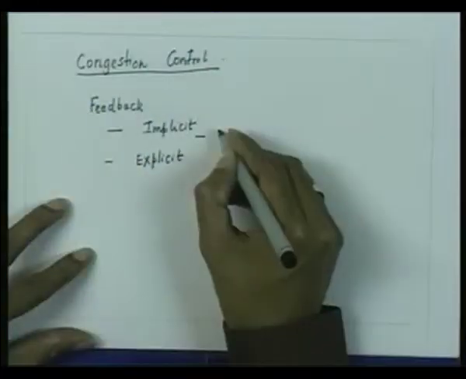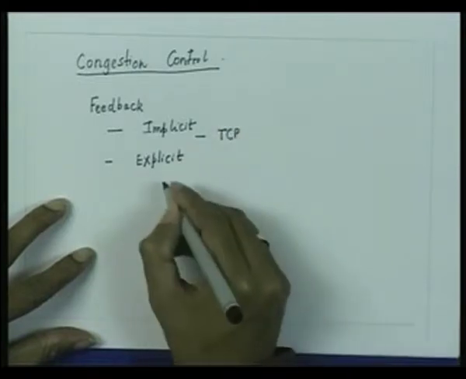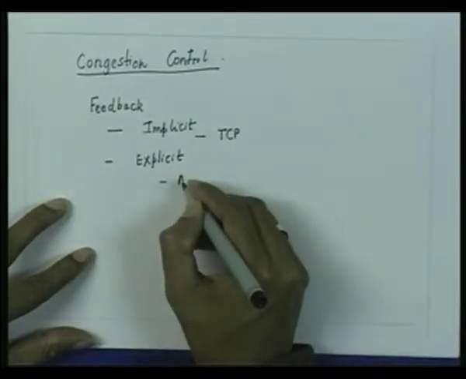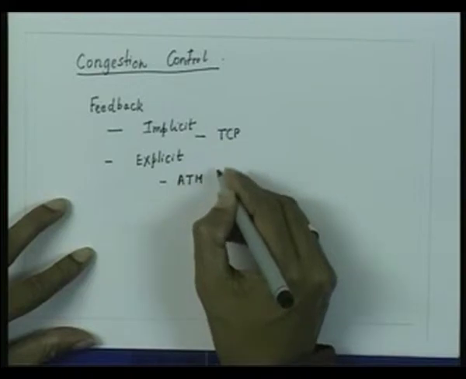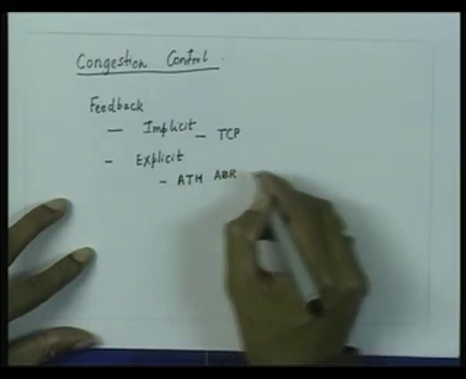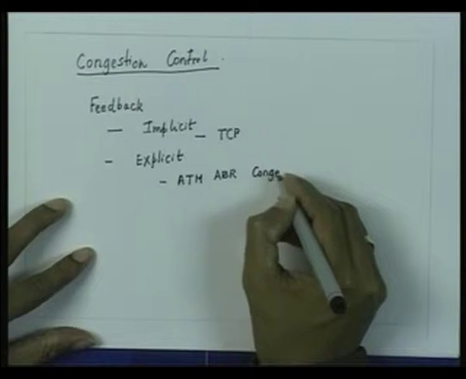However, in another technique, the feedback from the network about the congestion conditions can be explicit also. The congestion control technique which relies upon explicit feedback is ATM's ABR congestion control technique. So the implicit feedback is used by the TCP's congestion control technique, and the explicit feedback is used by the ATM ABR congestion control.